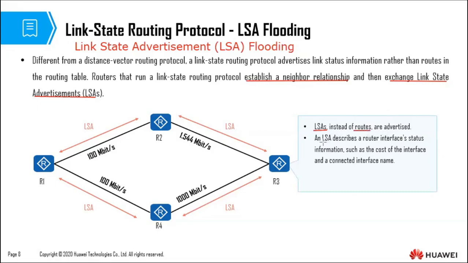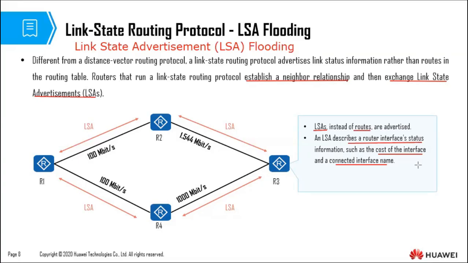Now, what does an LSA contain? A link state advertisement describes the router's interface status information, such as the cost of the interface. And by cost we mean the bandwidth, for example. Other than that, we also advertise the connected interface name and things like the network to which that interface belongs.